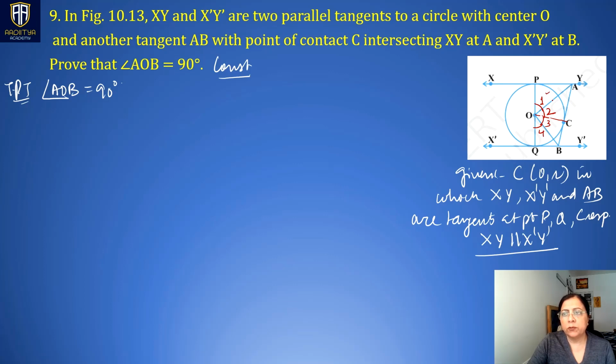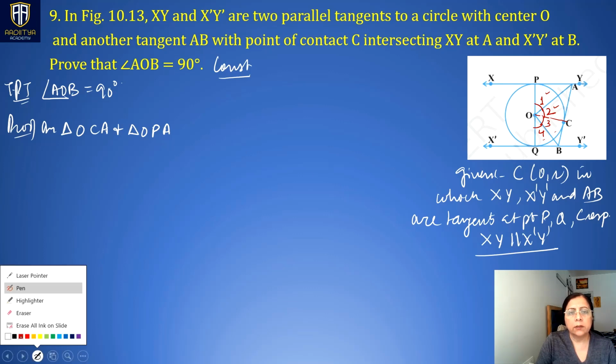First of all, we have to prove triangle OPA congruent to OCA. Then we have to prove OQB congruent to OCB. So first we start proving these triangles congruent. In triangle OCA and triangle OPA, what are the things that are equal?